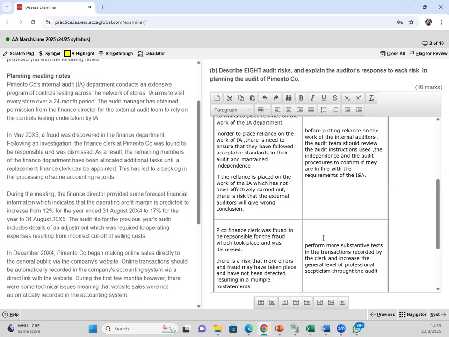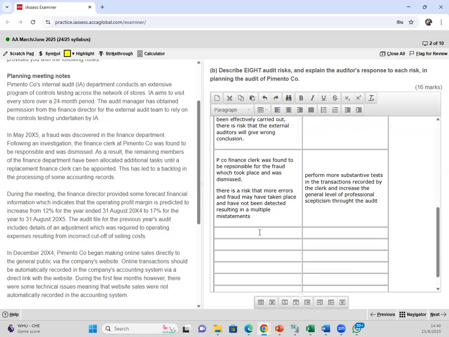So we just need to be alert, because fraud can take place in this company. So we increase our general level of alertness.